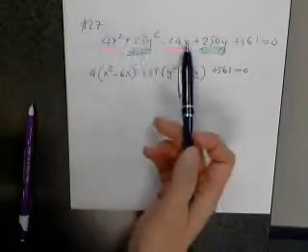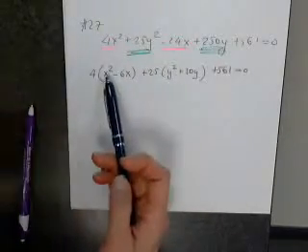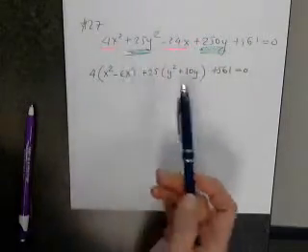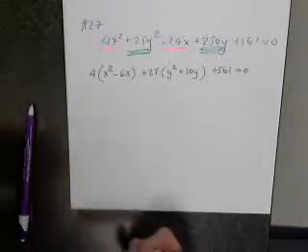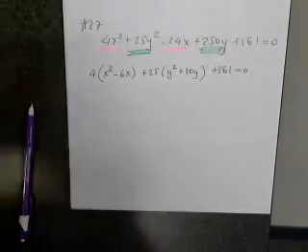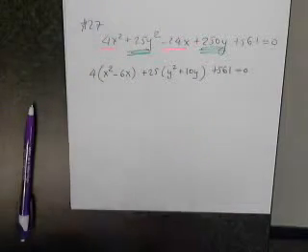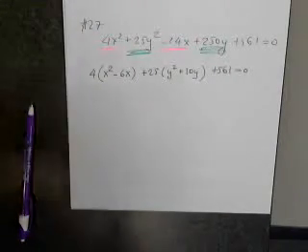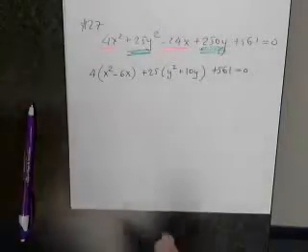So I factor out 4. I cannot complete the square if the leading coefficient is not 1, right? So I factor out 4 here, and I factor out 25 from the other two. I cannot complete the square if the leading coefficient is not 1. Please remember that.